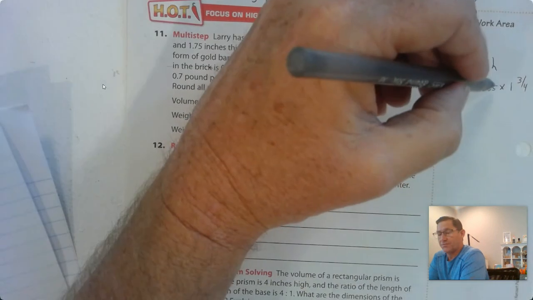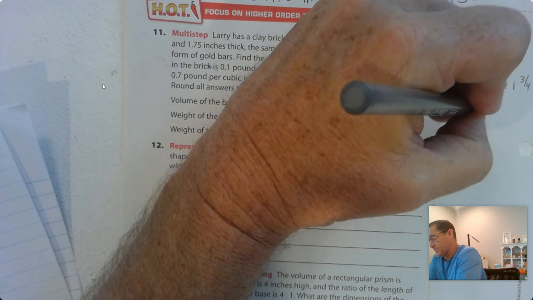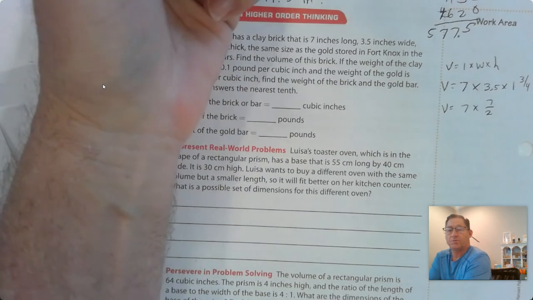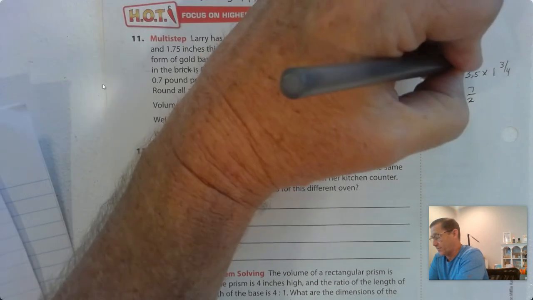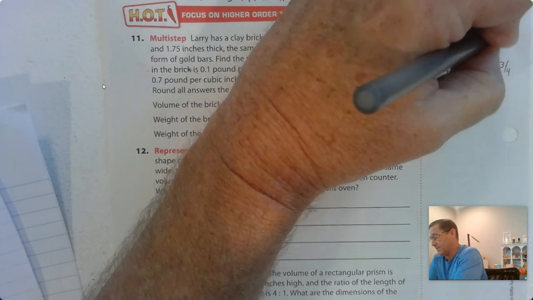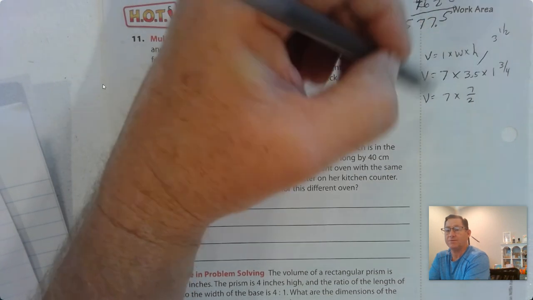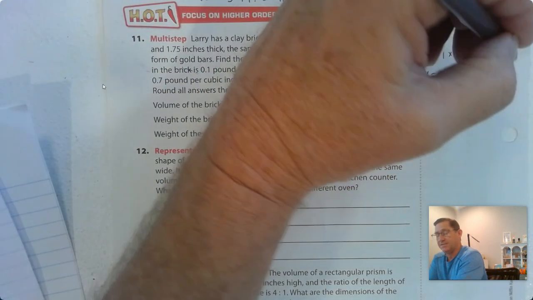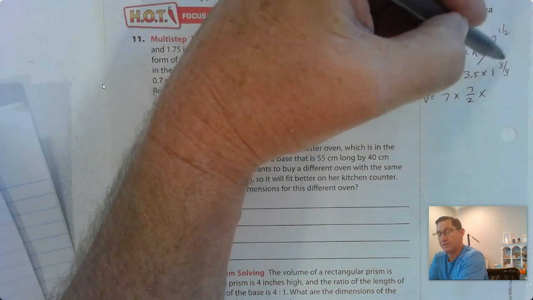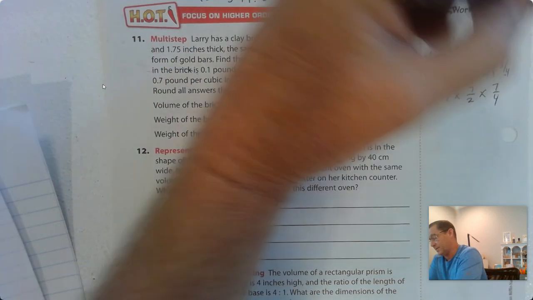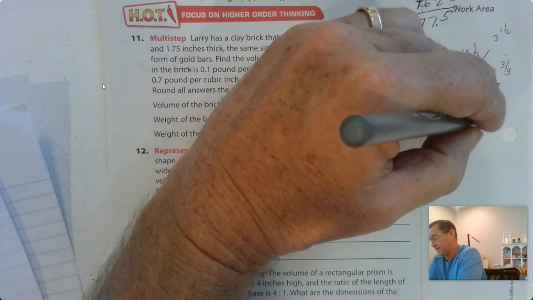Well, we can change 3.5 to an improper fraction, because 3 times 2 is 6, plus 1 more is 7, so 7 halves. We can change this mixed number into a fraction greater than 1. 4 times 1 is 4, plus 3 more is 7, so 7/4. So we have 7 over 1 times 7 halves times 7/4.